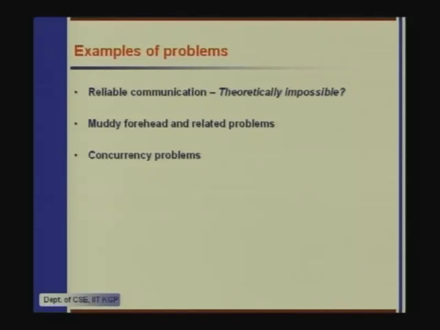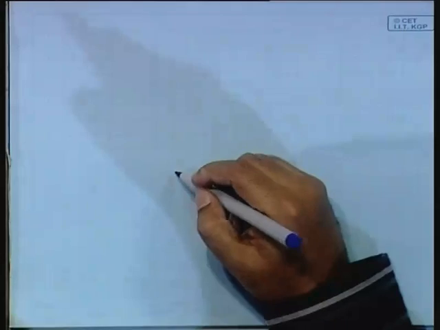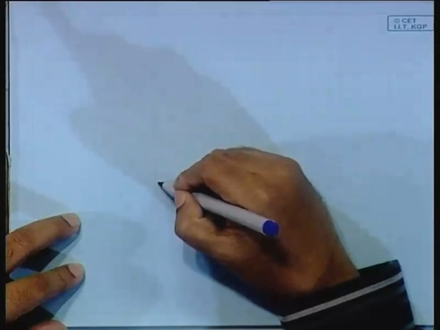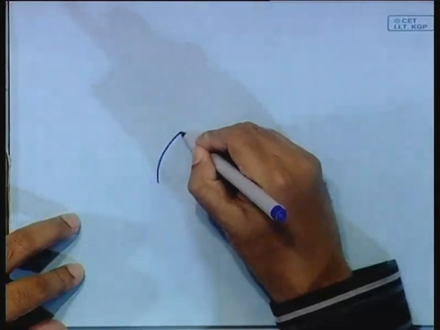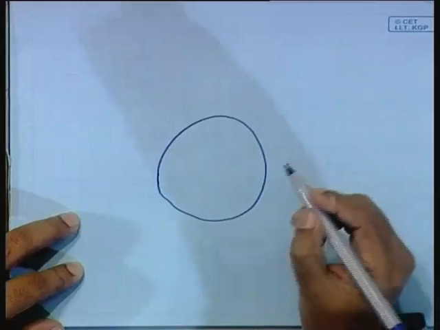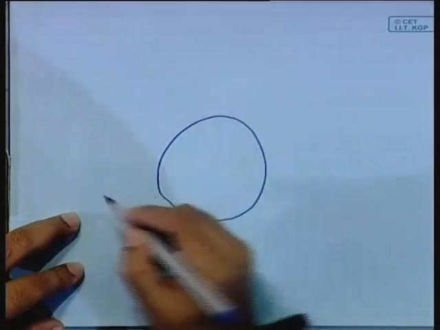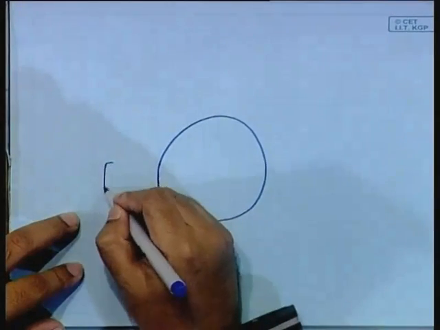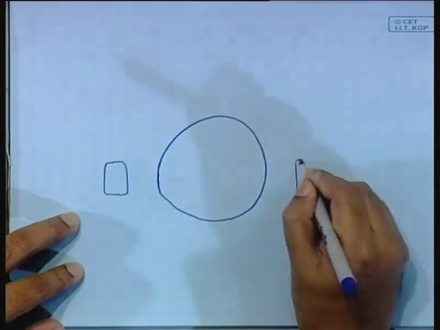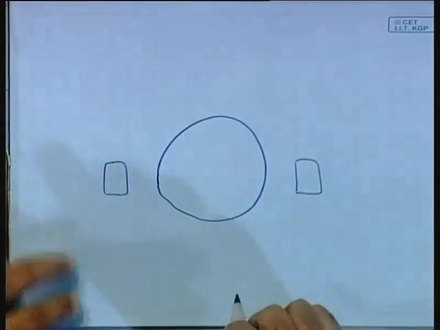Let us see some examples of the kind of challenges that we will look at in this course. To start with, I will talk about a nice problem. This is a story about a fort. There are two armies camped on two sides of the fort.